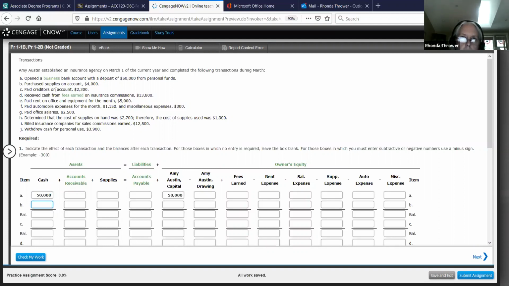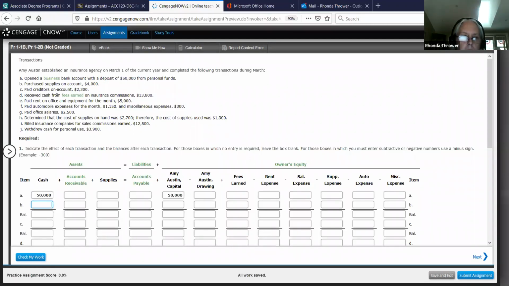Or the opposite could happen. The land or the buildings could have a lower value than what we actually paid for it. But we always record our assets at cost. It's something that we call the historical cost concept, and we use that to record our assets.